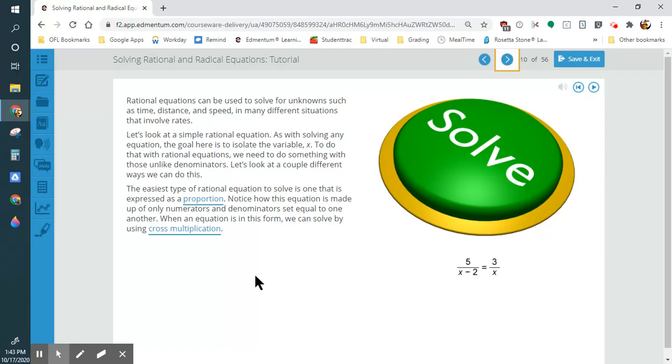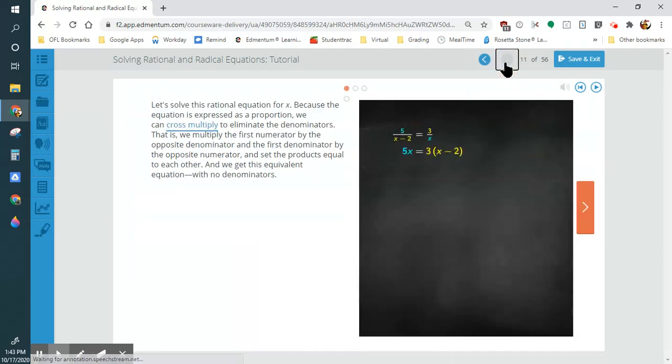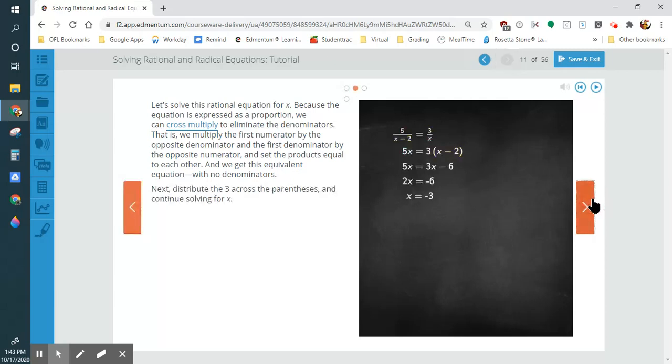So rational expression. Cross multiplying is a good strategy to do when we have rational equations. This is also known as proportionality, meaning one proportion over another proportion. So let's take a look at this. If we have this, we can cross multiply, meaning you can see that they're highlighted here, going here.